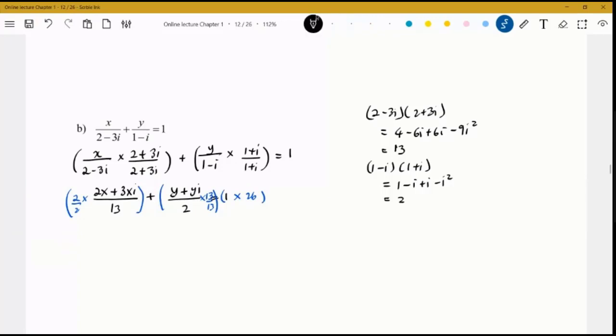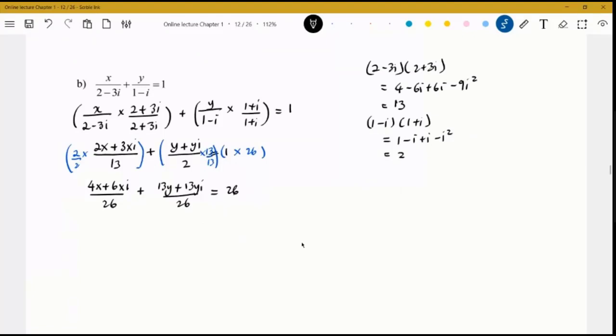Okay, so end up will be 4x plus 6xi over 26, 13y plus 13yi over 26 equal to 26 over 26, sorry, should be 26. Ataupun yang ini saya jadikan the one line terus lah. Okay, equal to 26.